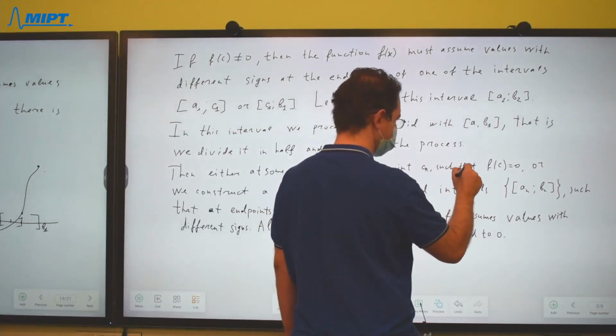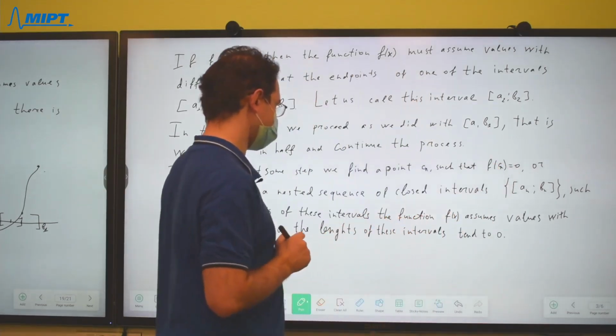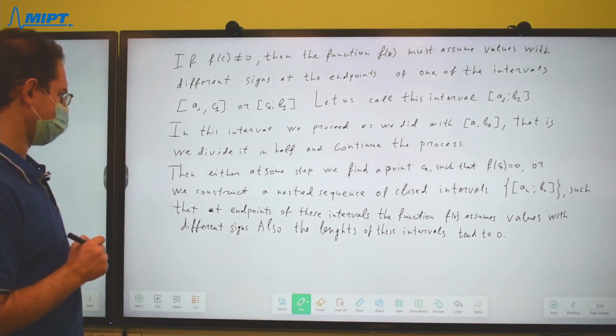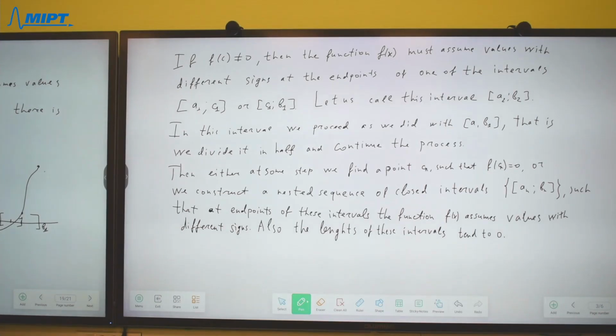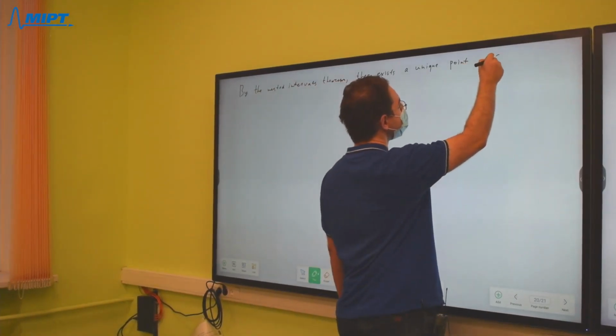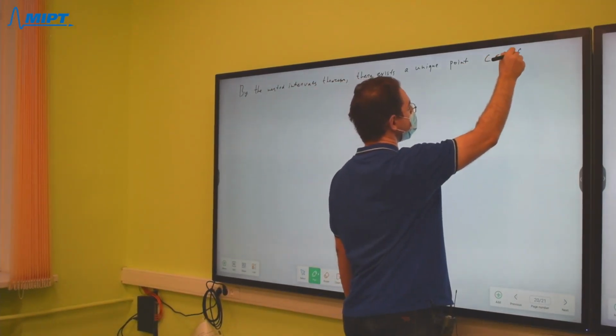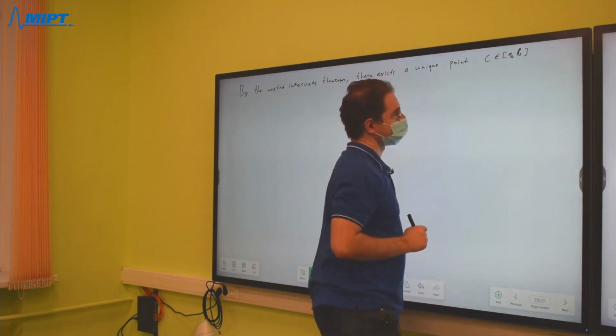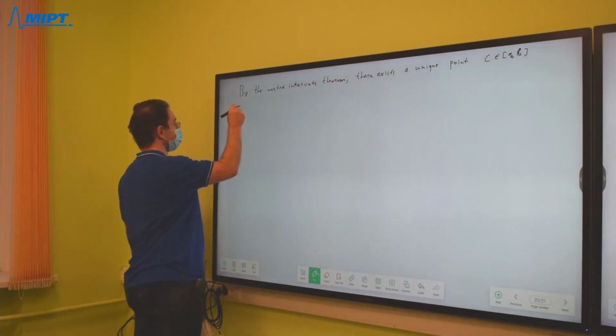The middle point of the nth interval would be called Cn. Because I want to call this point C from the interval AB.